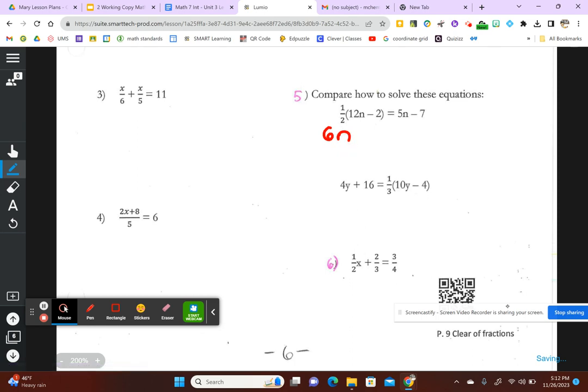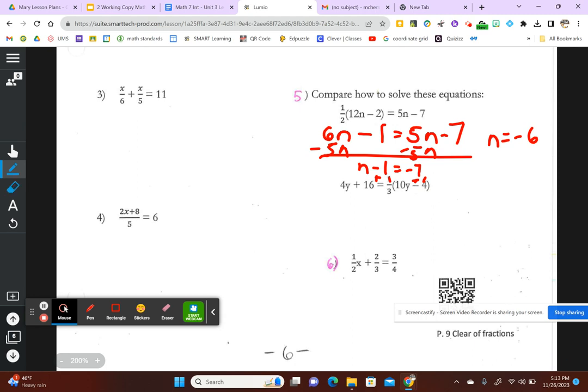If I multiply -2 by 1/2, I get -1. So I was able to distribute the fraction and end up with no fractions. Then I subtract 5n from both sides, and I get n minus 1 equals -7. If I add 1 to both sides, I get n equals -6.